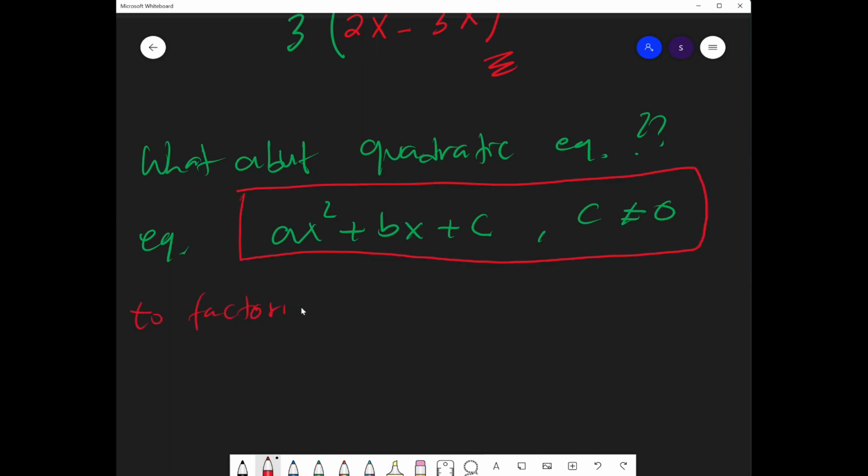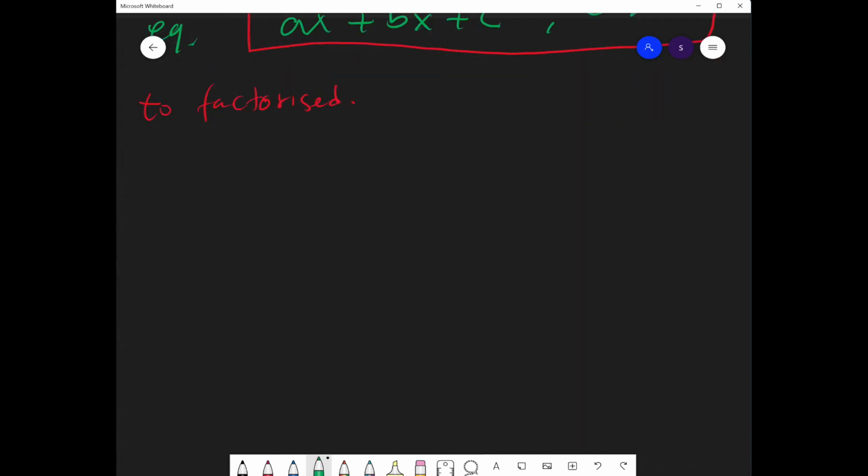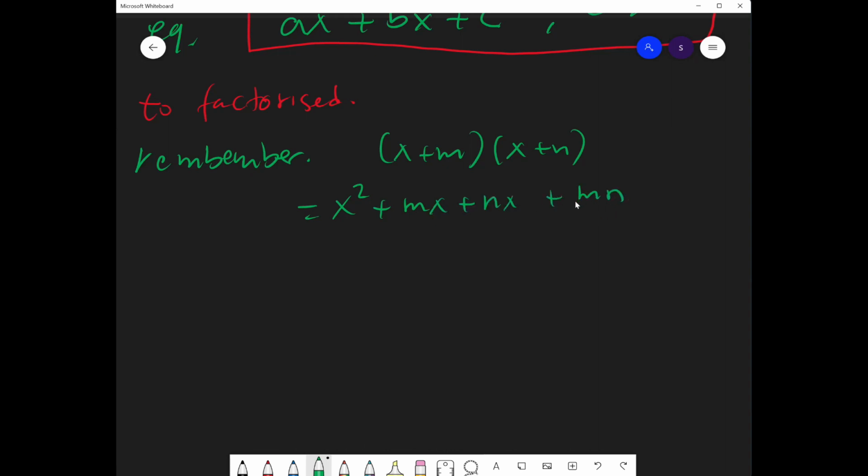To factorize it, we need to remember that x plus m times x plus n equals x squared plus mx plus nx plus nm. This equals x squared plus, in the bracket, m plus n, x plus mn.